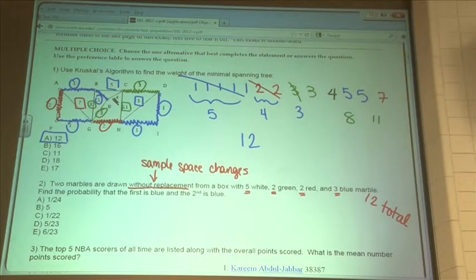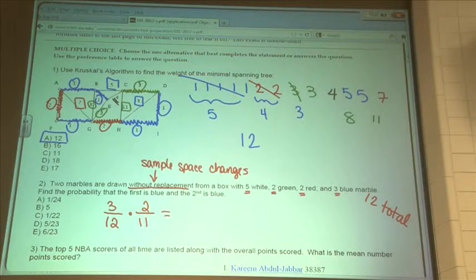Okay. What's the probability on your first draw? How many blue marbles are there? 3 out of a total of 12 times your second draw. Well, if you already pulled out a blue marble, how many blue marbles are left? 2 blue marbles are left, and again, without replacement, what's the size of your sample space? 11.